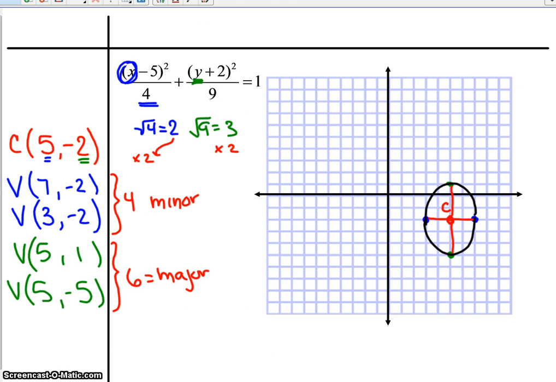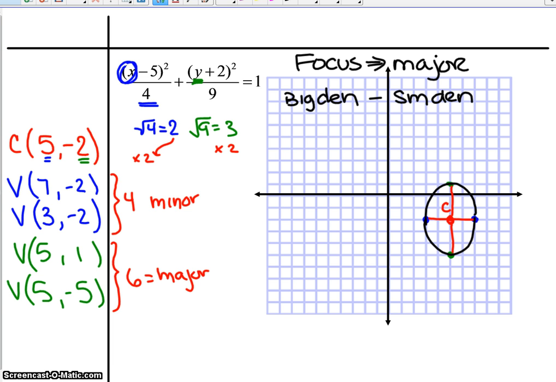Now, focus points are always going to be on your major axis. The process of what we do is I'm going to take my big denominator minus my small denominator and take the square root of it.